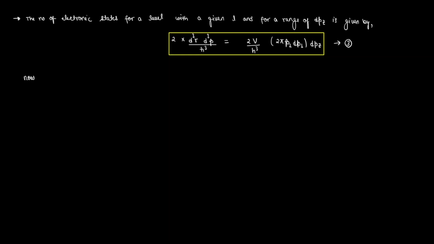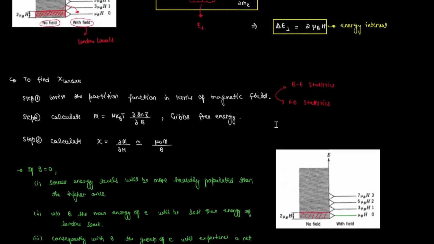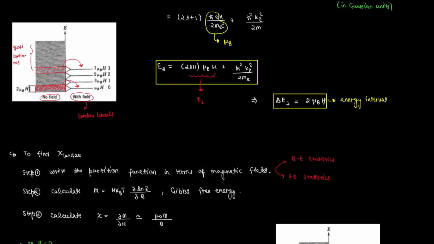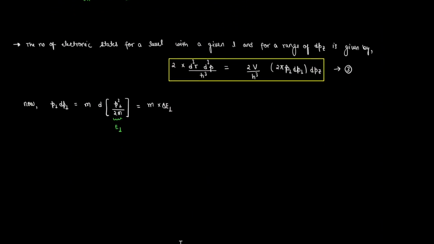Now p_perpendicular times dp_perpendicular will be equal to m times the total derivative of p_perpendicular squared divided by 2m, and this term will be equal to E perpendicular. So therefore we will get m times delta E perpendicular. And just a few minutes back we calculated delta E perpendicular as 2 mu_B h, so we can substitute it.